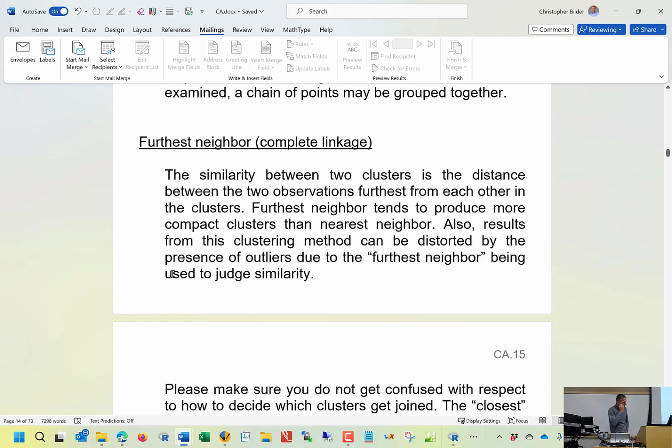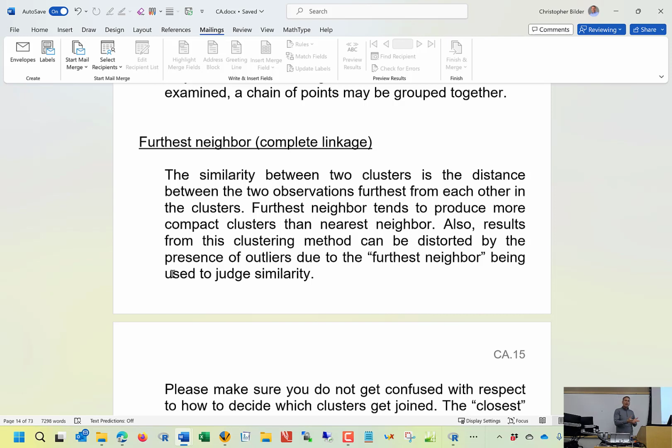So you might be thinking, okay, rather than looking at the nearest neighbor, how about we look at the furthest neighbor? The observations in two clusters that are farthest apart, we define that as the distance between the two clusters. You could do that. That's called the furthest neighbor method, also known as complete linkage.